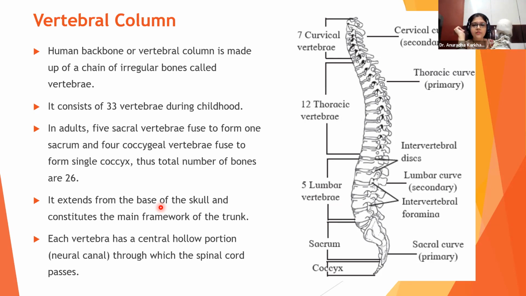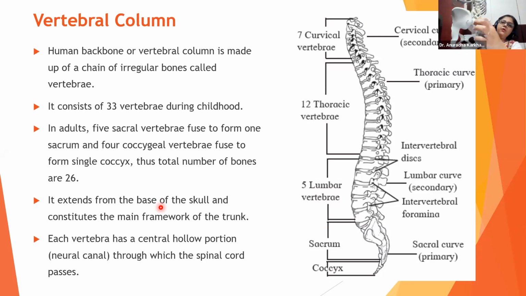In adults, 5 sacral vertebrae fuse to form one sacrum. Please look at this. Can you all see this, beta? Is this part visible to you? Right? So these are 5.